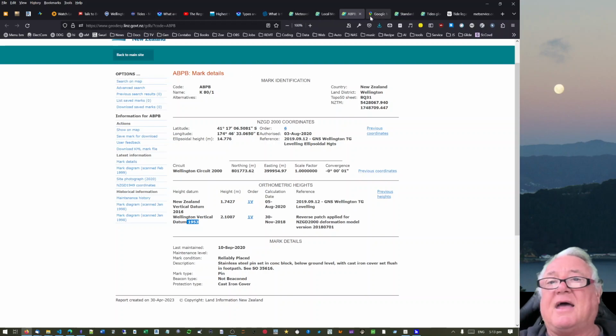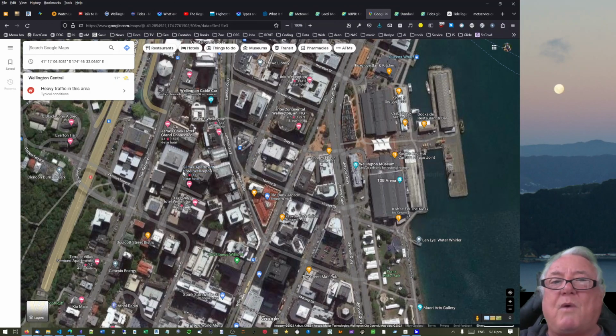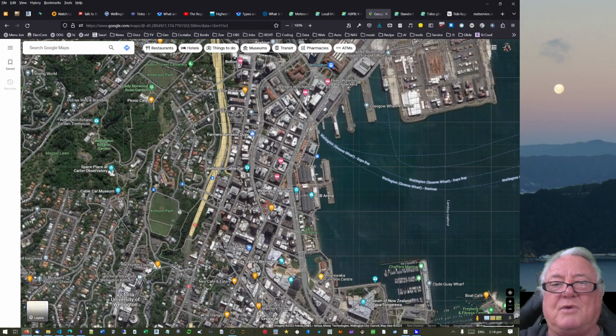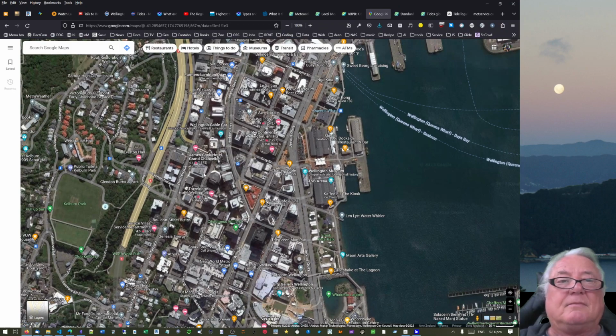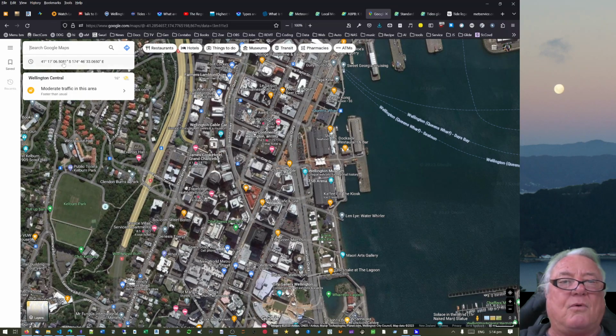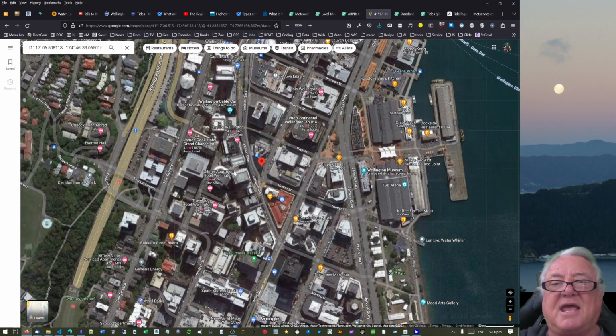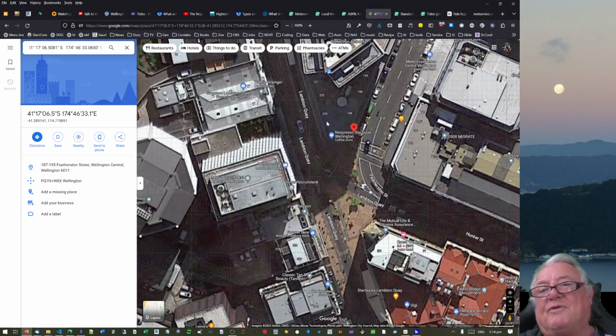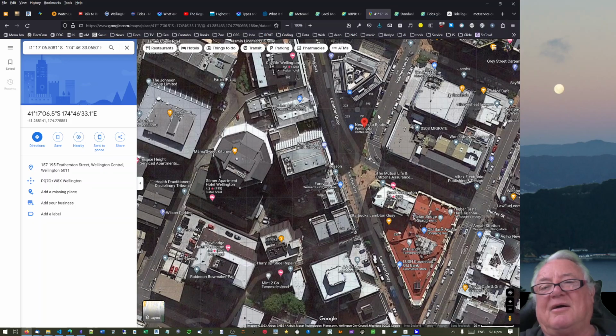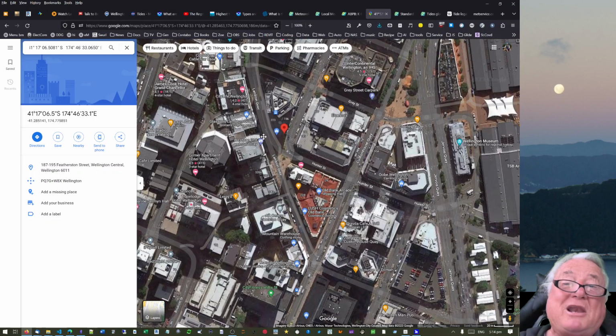Anyway, coming back to that, I suddenly thought, well, where is this peg? Where's my peg? And the actual peg is on the corner of Lambton Quay and Featherstone Street, which is downtown Wellington, right in the middle.